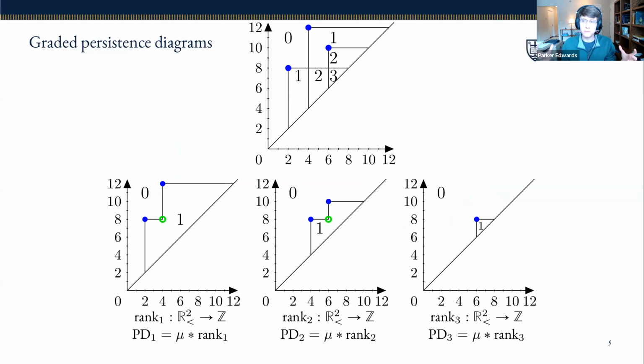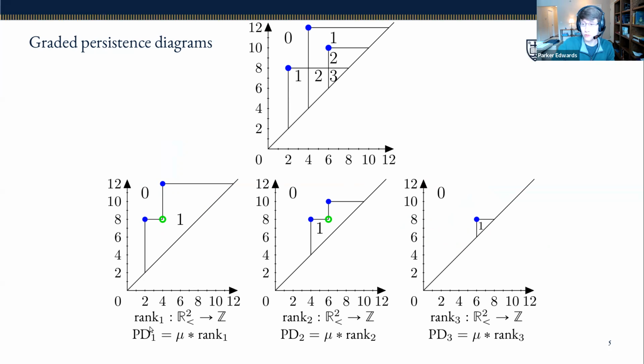So if you want to fit persistence landscapes into this setup, I can happily say that we were successful at this, and this is the idea. At the top, you have that same rank function and persistence diagram that we've been looking at. And what you can introduce is, instead of looking at the rank function, you can look at something that we call the graded rank function.